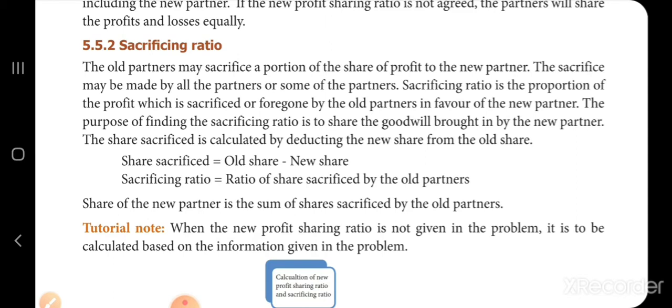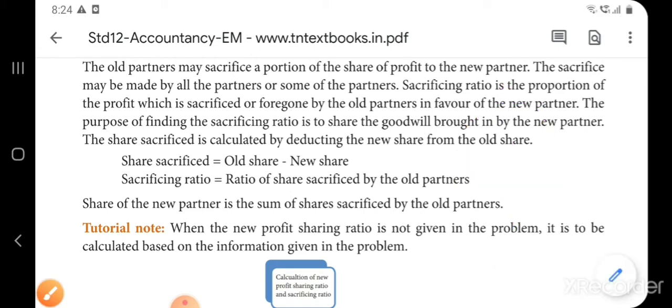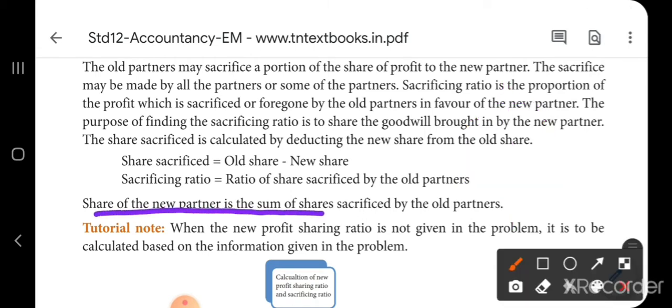Okay. In the example, how much A has sacrificed plus how much B has sacrificed will give you the total share of C. Okay. Now, share of new partner is the sum of share sacrificed by the old partners.